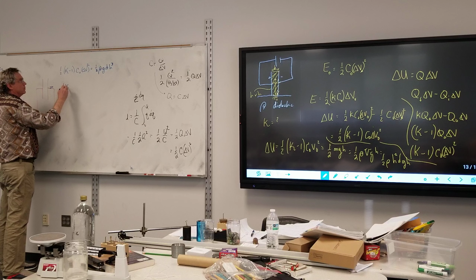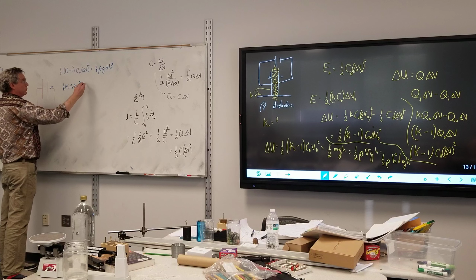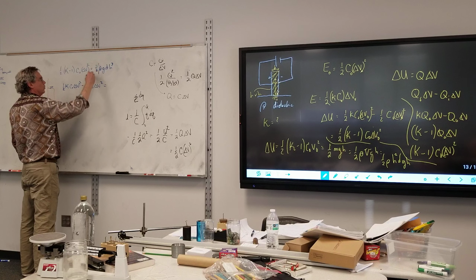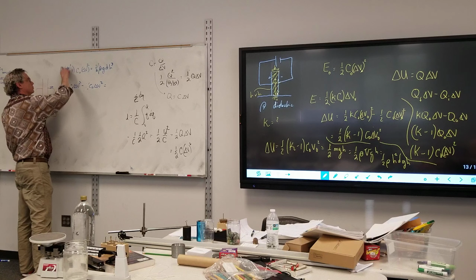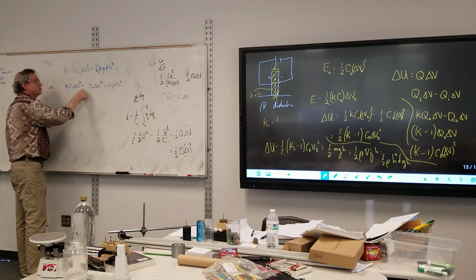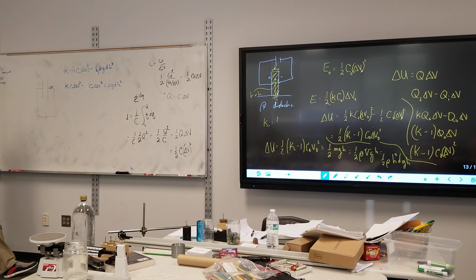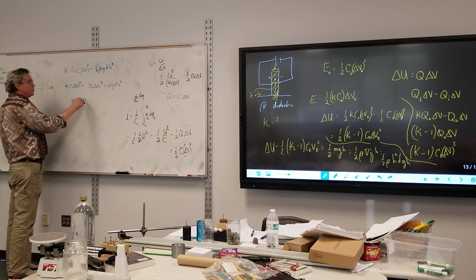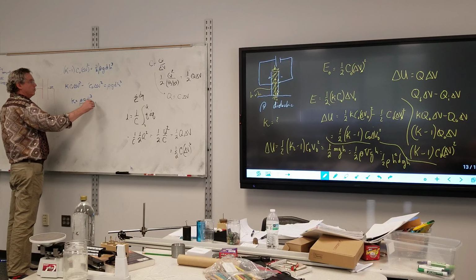Distributing, since I'm solving for kappa, 1/2 kappa C naught delta V squared minus 1/2 C naught delta V squared equals, well, the 1/2s can go away, rho g d h cubed. Add that to the other side and divide, however you want to do it, but kappa ends up being rho g d h cubed over C naught delta V squared, plus 1.